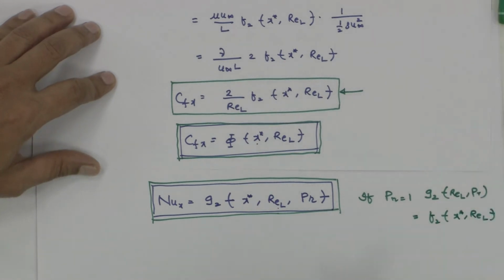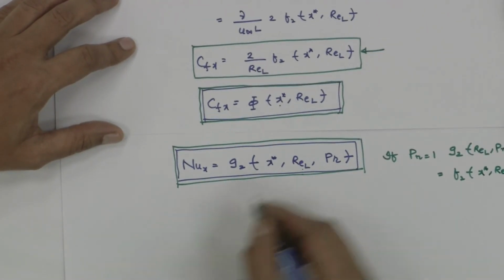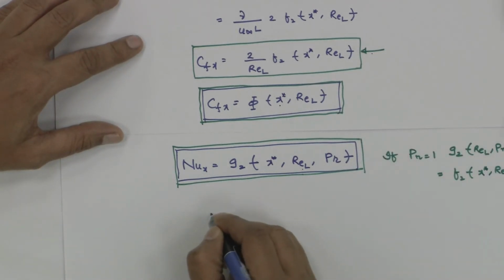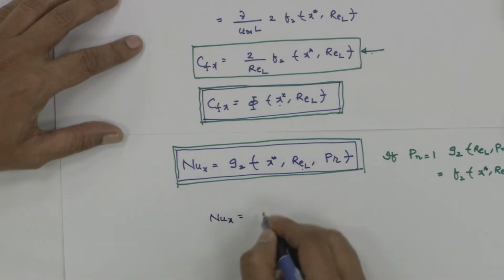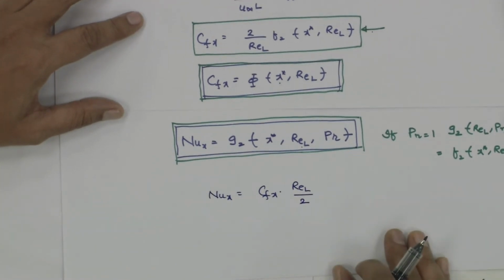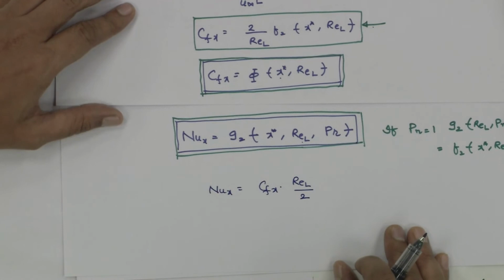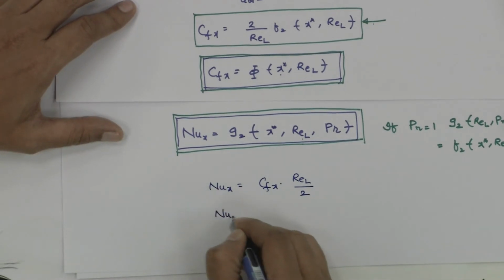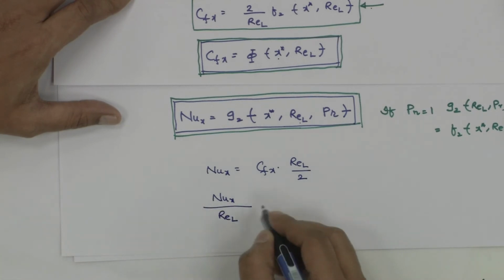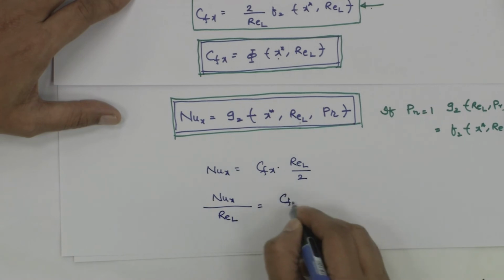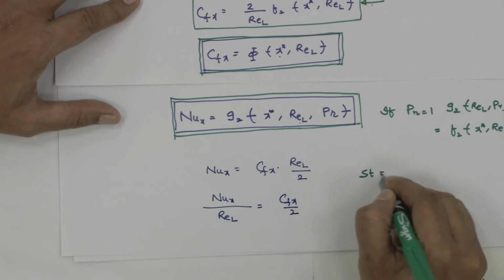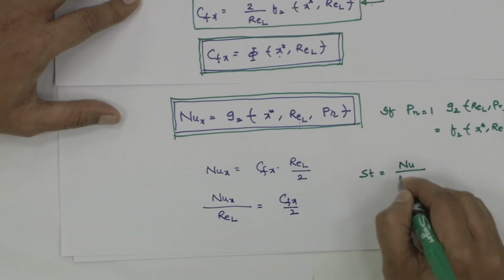So, if that happens, comparing these two equations, because g2 is equal to f2, I have Nu_x equal to Cfx into Re_L by 2. So you get Nu_x upon Re_L equal to Cfx by 2. We define Stanton number, St, equal to Nu by Re Pr.